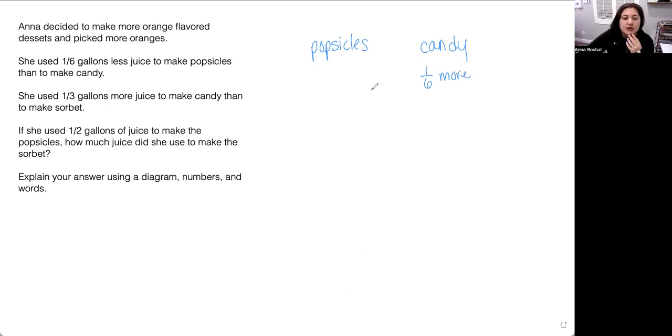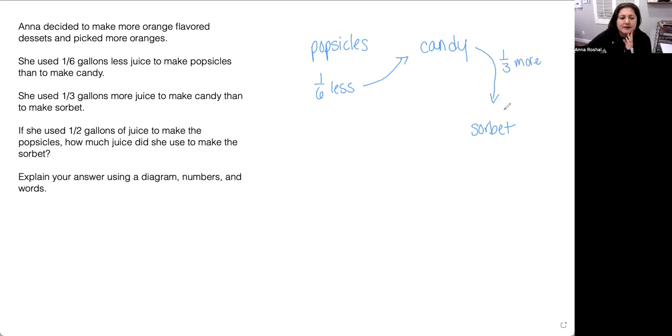Okay, she used 1/3 gallons more juice to make candy than sorbet. Okay, maybe instead of more, let's stick with the 1/6 less. 1/6 less than the candy. Then she's also making sorbet. So in comparison, she's using 1/3 gallons more.